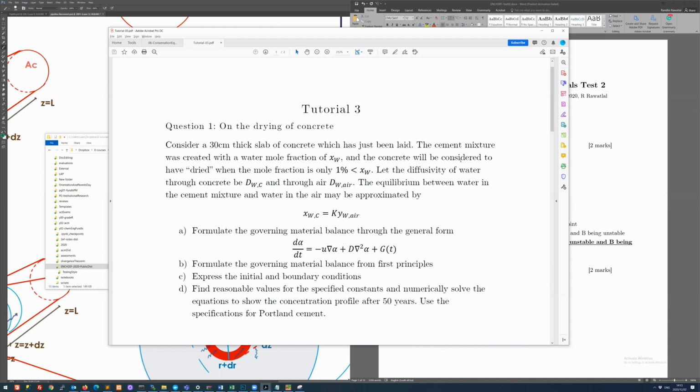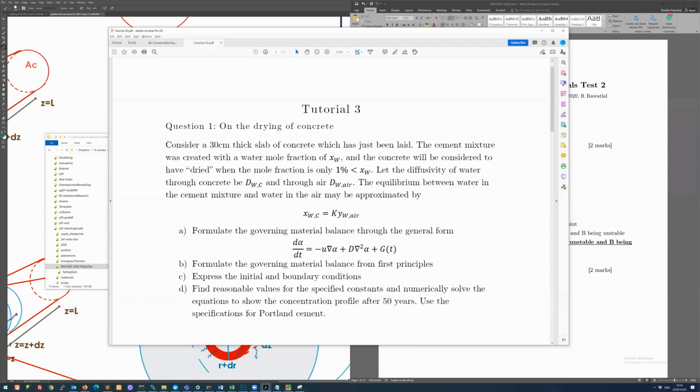So anyway, we consider it dried when the fraction is below that. So we are given the diffusivity of water in concrete and through air, and we are interested in estimating how long it's going to take to dry that concrete given that geometry. And then we have some other relationships like the equilibrium between water and the concrete, and so on.